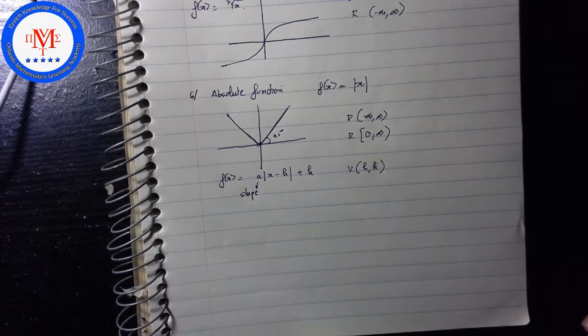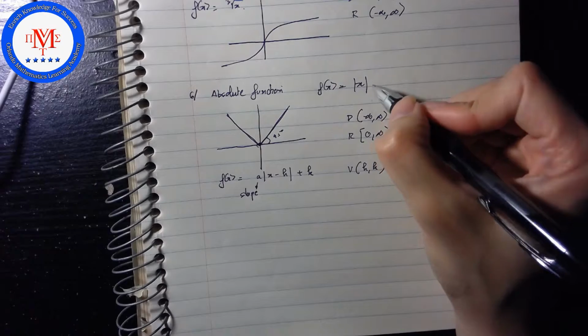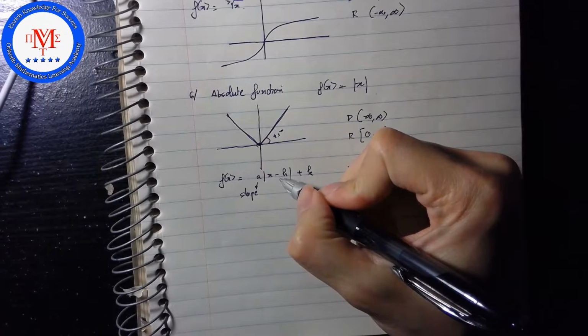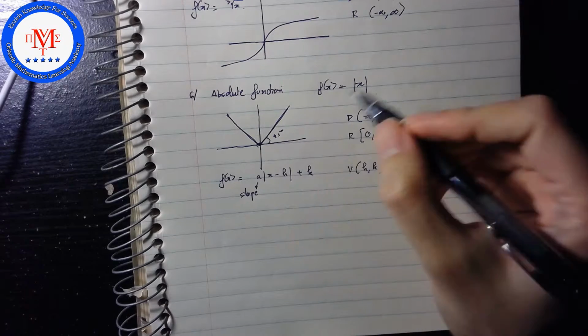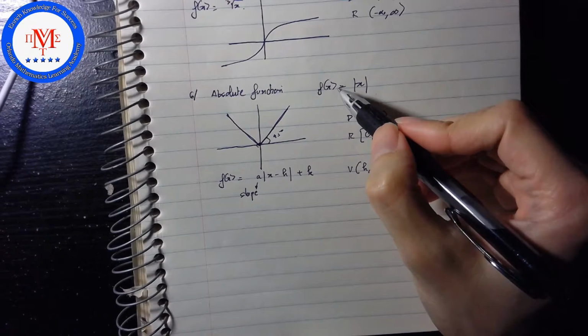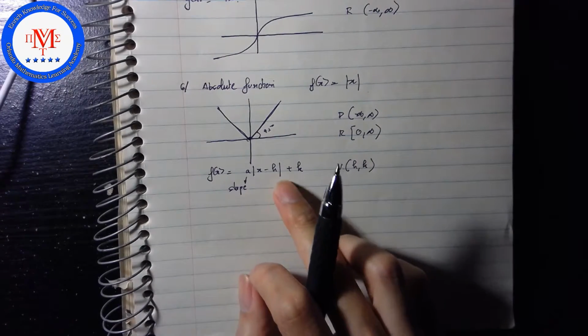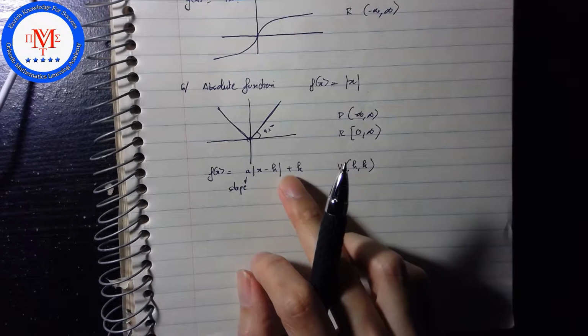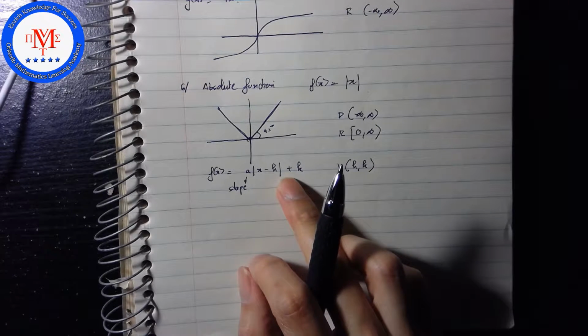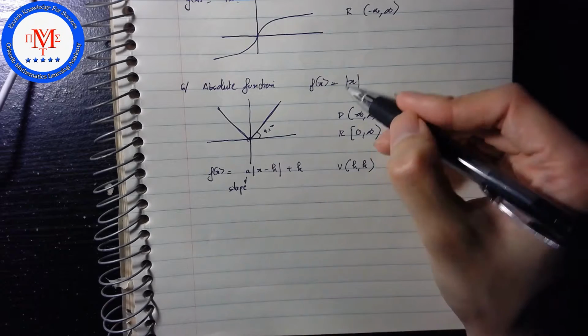By looking at this form, we can see that the basic absolute function f(x) = |x| is the baby version of this form, with a equal to 1, and h and k are 0 and 0.